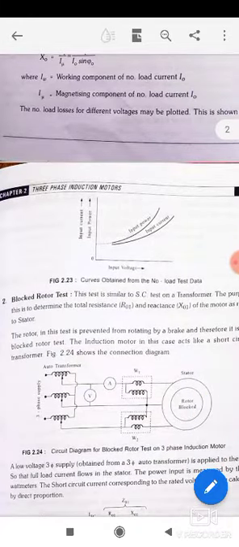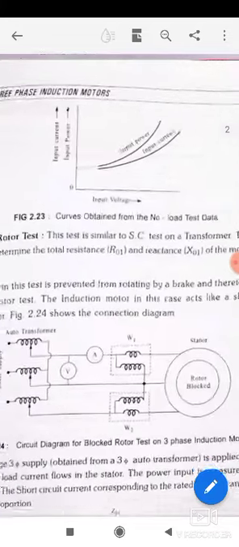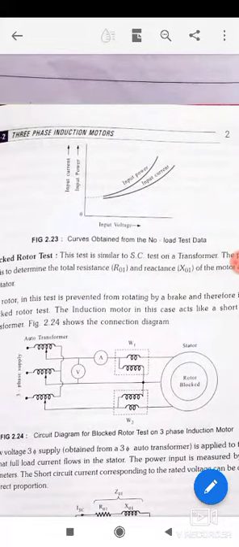Coming to the blocked rotor test, here we apply a very small voltage such that rated current will flow through the ammeter, and in the wattmeter we will note down the short circuit current and short circuit power at that voltage.